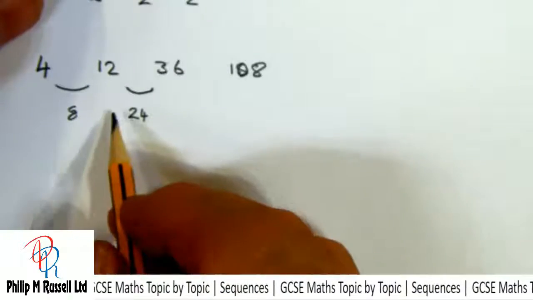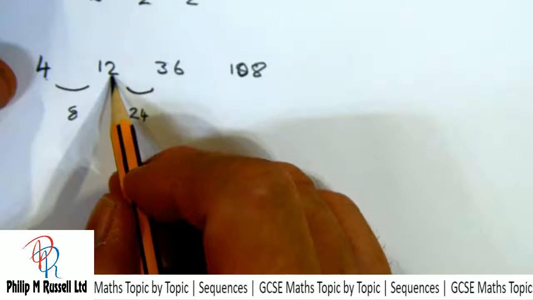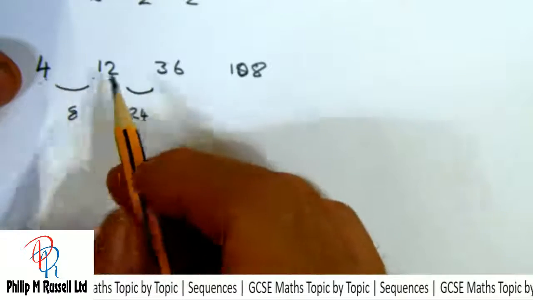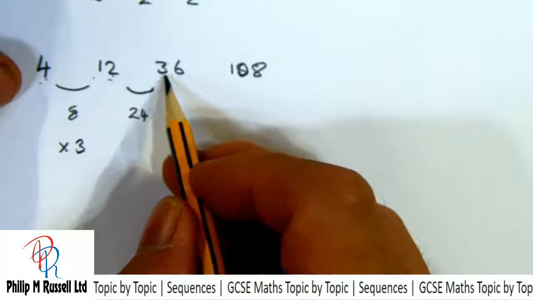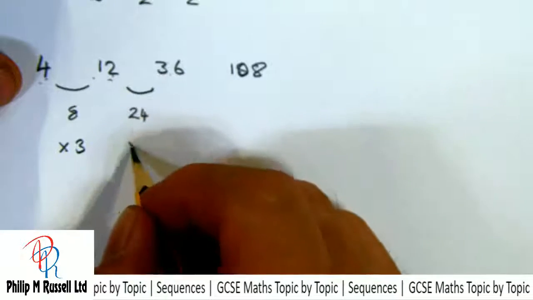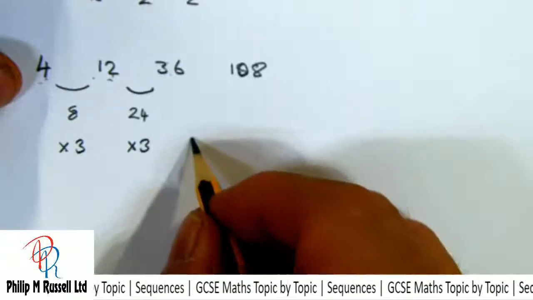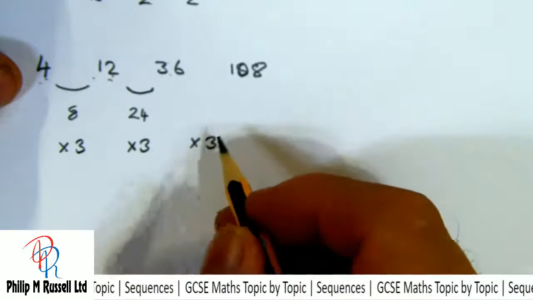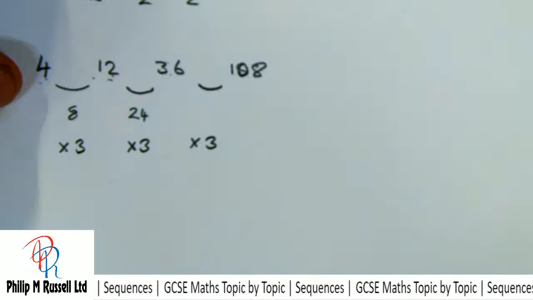But let's look at these numbers again. 4 to 12, I could multiply that by 3. 12 to 36, I could multiply that by 3. 36 to 108, if you're good enough at maths, you can see that you multiply by 3.